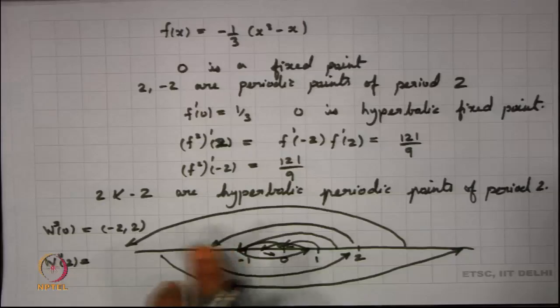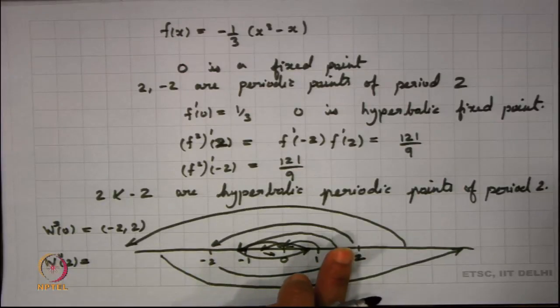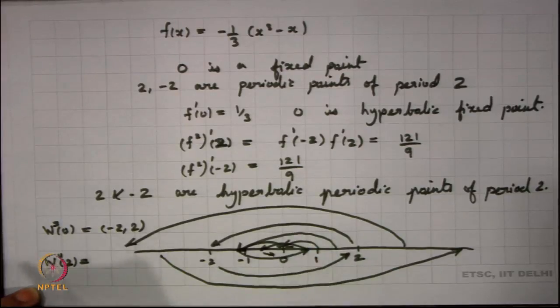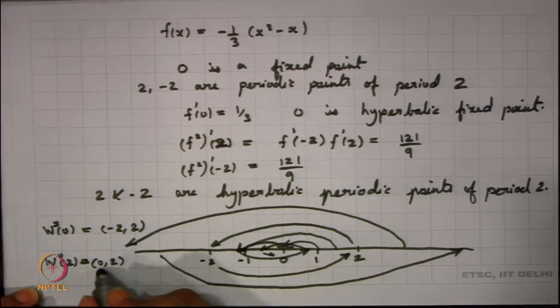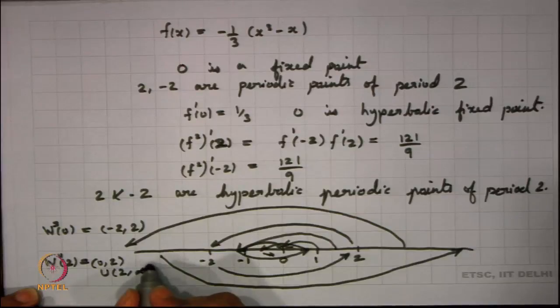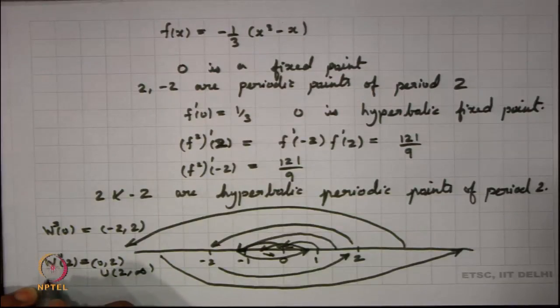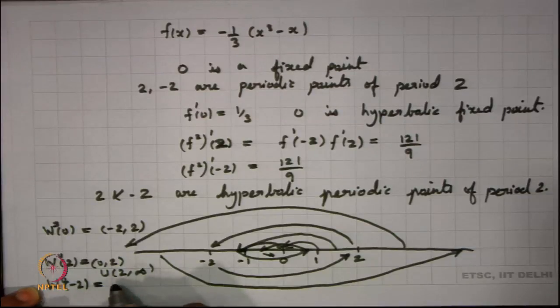At the first iterate the points come up here, at the second iterate they are again going towards the right hand side. So, at the second iterate I am looking into all the points which are drifting away from 2, and we find the same story here, that this unstable set happens to be equal to 0 union infinity. And if I look into what happens to the unstable set of -2, again I have the same story.